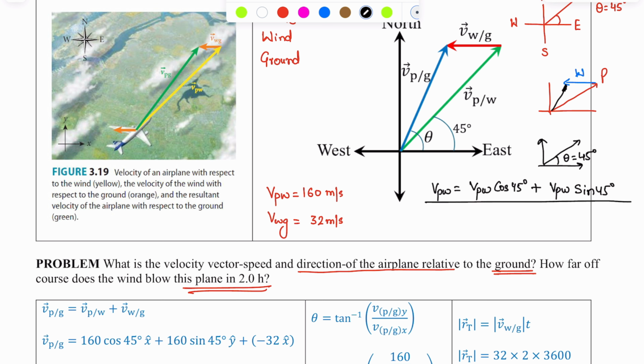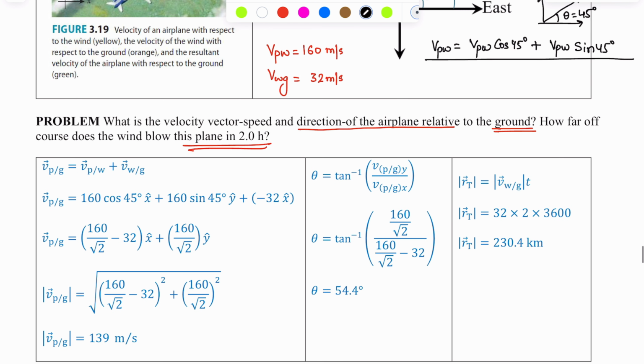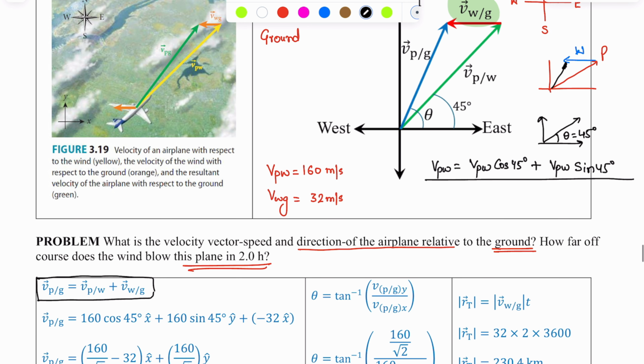Now the second thing, the air. This is your air part. It is moving against, and against means negative x-axis. So what is the total value? Just place it here. This is the velocity we are looking for, this blue one: the plane with respect to ground.